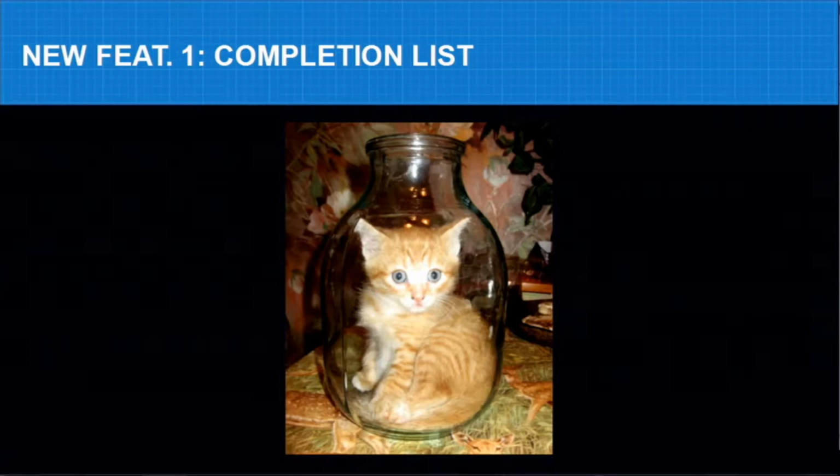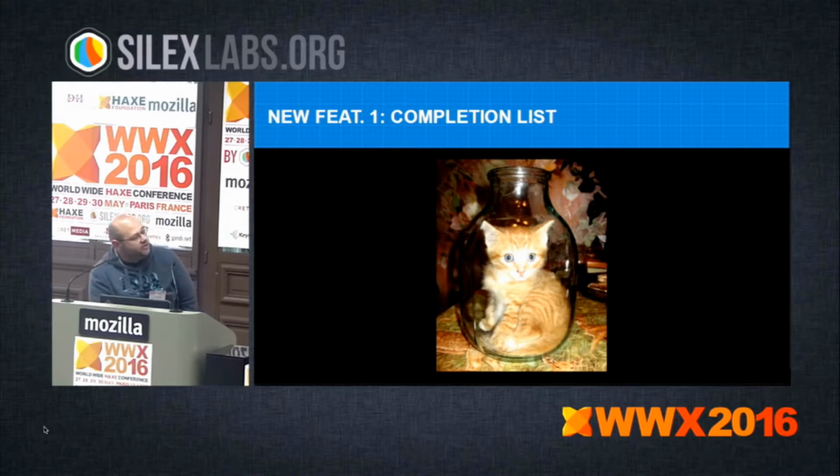The next thing I wanted to do is to make Flash Develop a bit more professional. And one of the things that I always wanted to improve was the completion list. The completion list itself has not changed, but how it works is different.